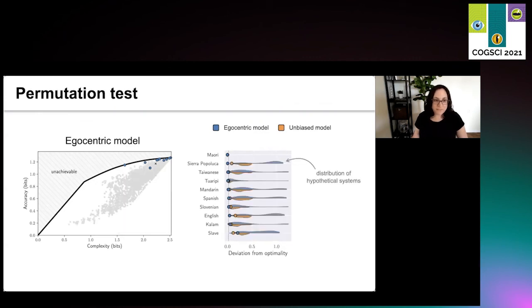To test the significance of these results, we compared the attested systems to a set of hypothetical variants that were obtained by permutations of the data, and we found that under both models, the attested systems lie at the highly efficient tail of the distribution, implying that all languages in our data are non-trivially efficient.